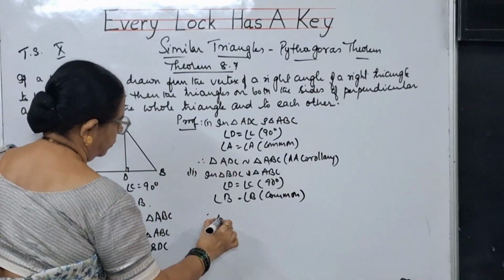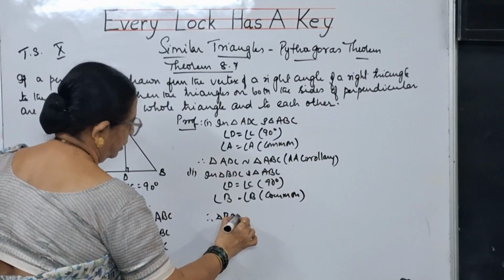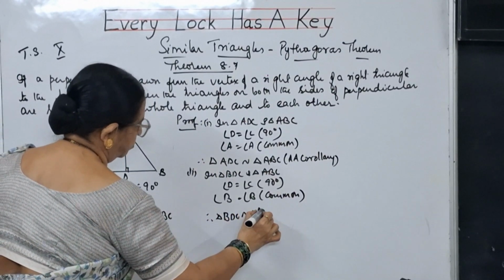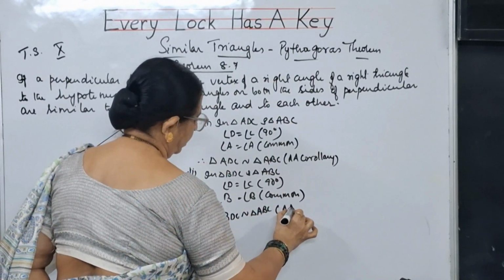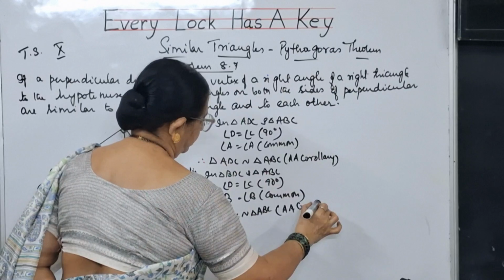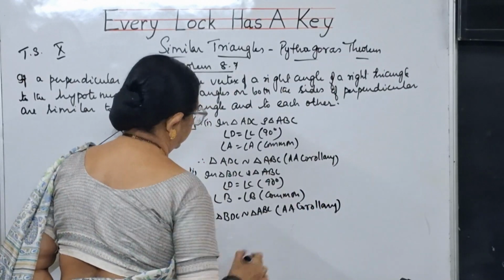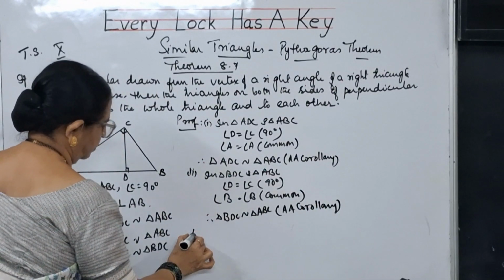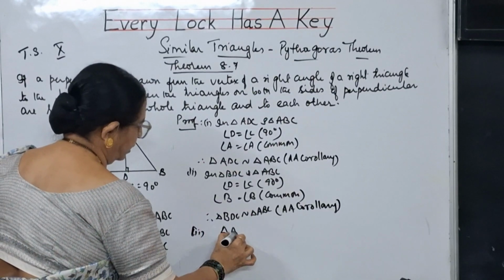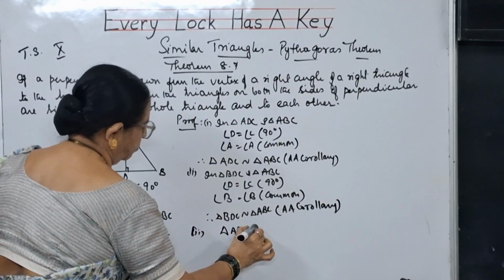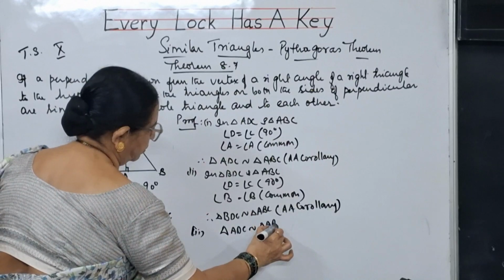Therefore, triangle BDC is similar to triangle ABC basing on angle corollary. Now, third bit. See, third bit, we know that triangle ADC is similar to triangle ABC.